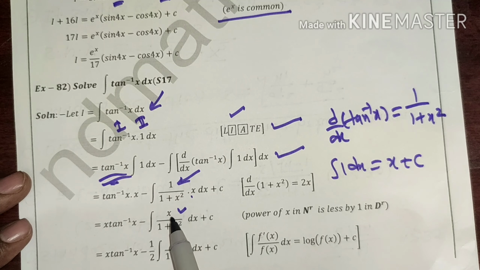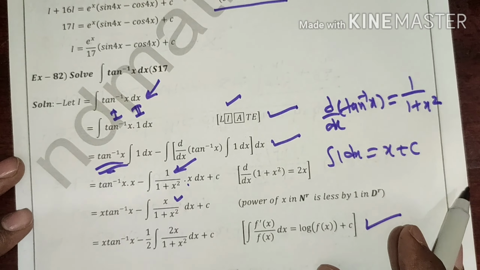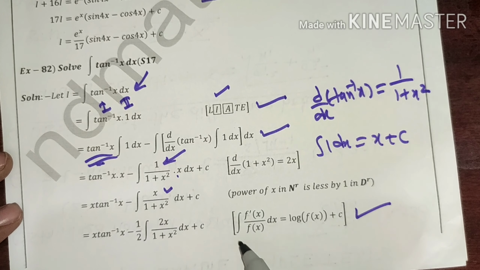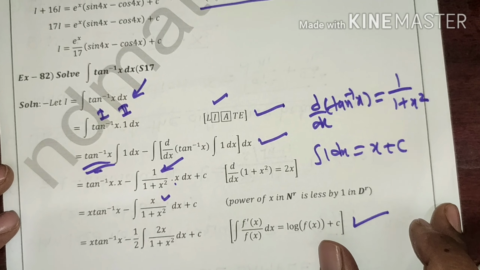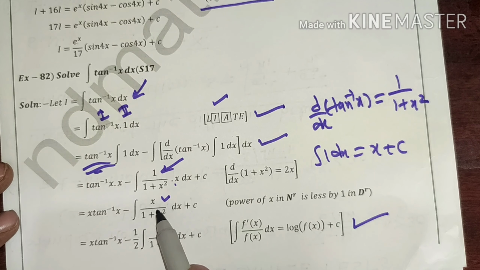So we use this formula: integration of f dash x upon f x dx will be equal to log of f x. It means we arrange the derivative of the denominator in the numerator. The derivative of 1 plus x square is 2x, that's why we need 2x in the numerator.